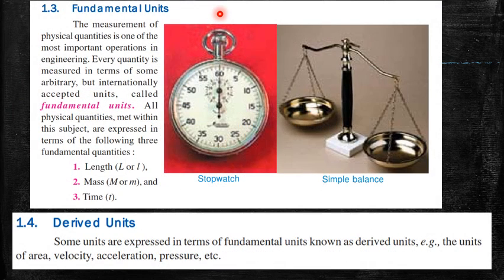Units. Every physical quantity is measured by a unit. So if we have some length, we measure it by meter. It's a unit, or centimeter. It's a length unit. If we have something we want to measure its weight, we will measure it by kilogram, by ton, by libra.